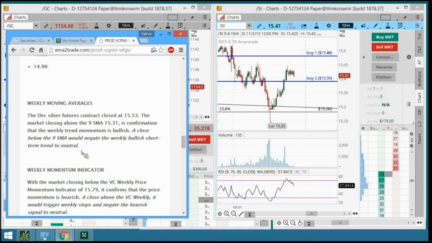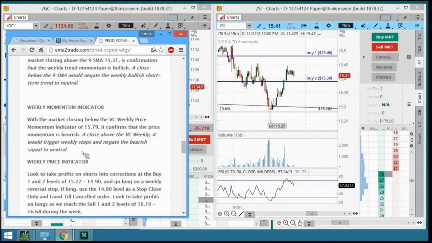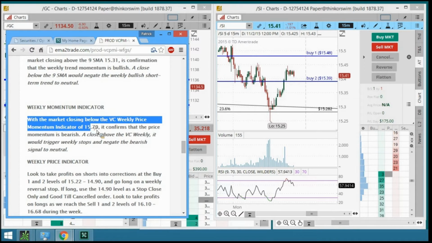The additional component that we use for the VC price momentum indicator is the mean, the pivot point, or the average price for the week. And with the market closing below the mean or the average of 1579, it confirms that the price momentum came in a little bit bearish, I should say.